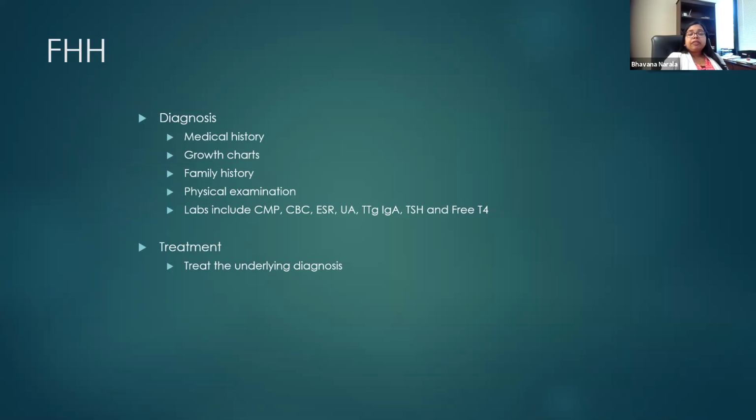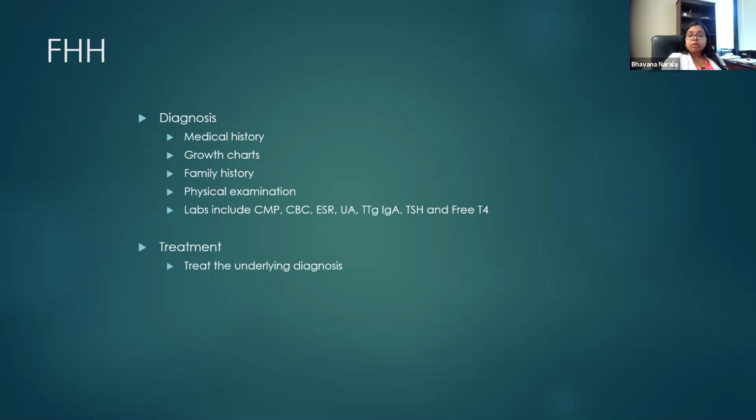So if we get somebody and we don't really have an idea of what it is, and they have some subtle symptoms, some abdominal pain, some occasional diarrhea, but really nothing that's jumping out at us, we do go ahead and get these labs: CMP, CBC, sed rate, screen for celiac, screen for hypothyroidism, just to see if we're missing something in these kids with delayed puberty.